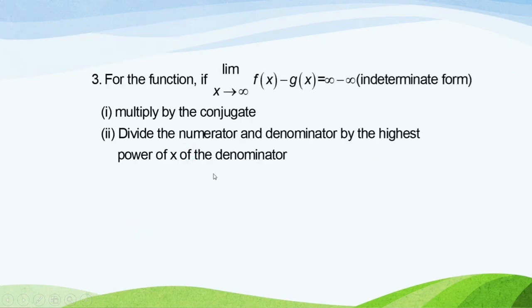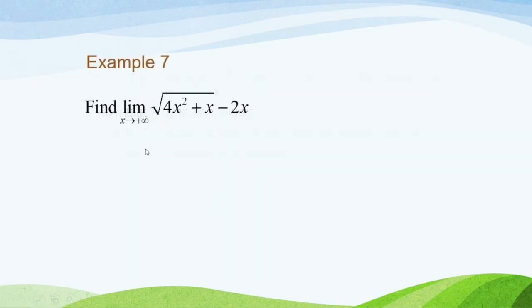For the function, if limit of f(x) minus g(x) when x approaches infinity equals infinity minus infinity, we call this an indeterminate form, so we must multiply by the conjugate and divide the numerator and denominator by the highest power of x of the denominator. Example 7, find limit x approaches infinity, square root of 4x squared plus x minus 2x.